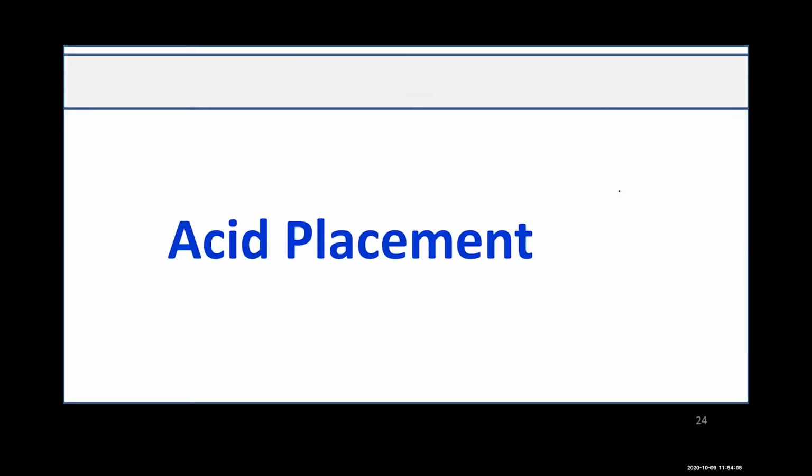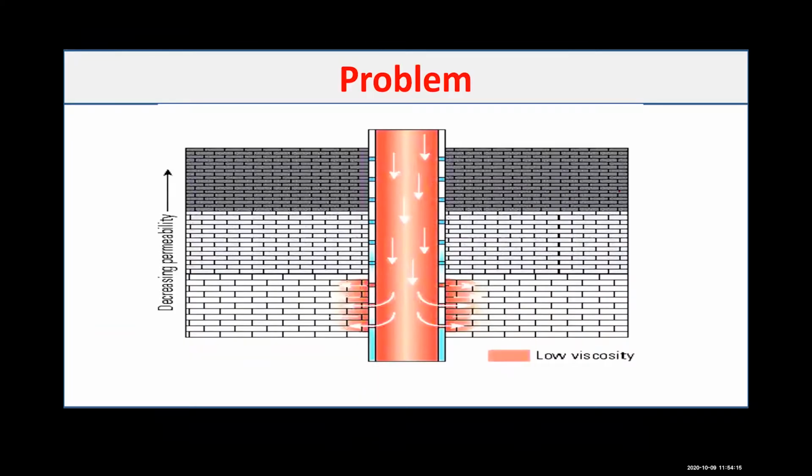The final part of the presentation is acid placement. How can you distribute the acid through the wellbore? Acid is known as a reactive fluid, and as it's bumped inside the formation, it will increase the permeability of the formation.